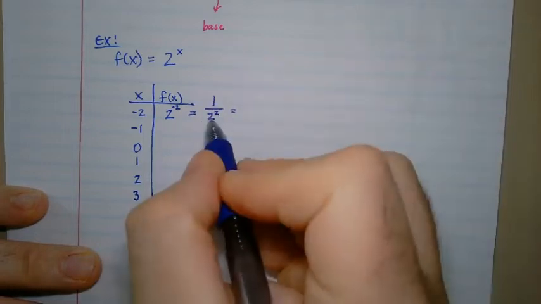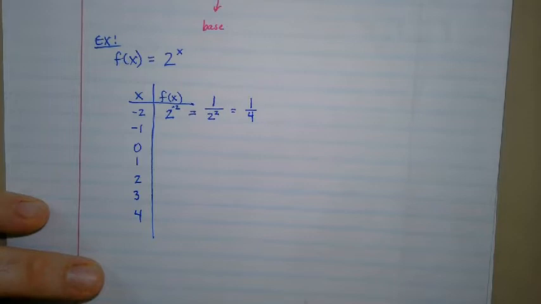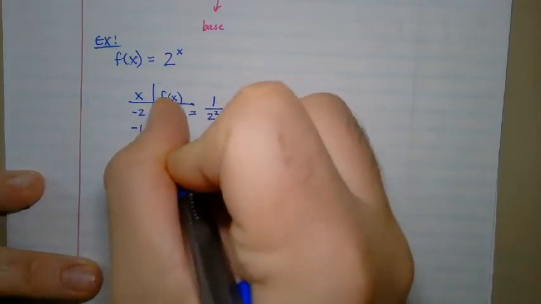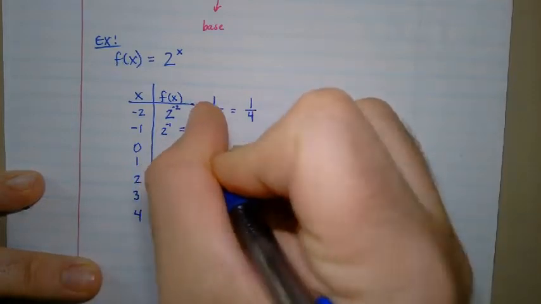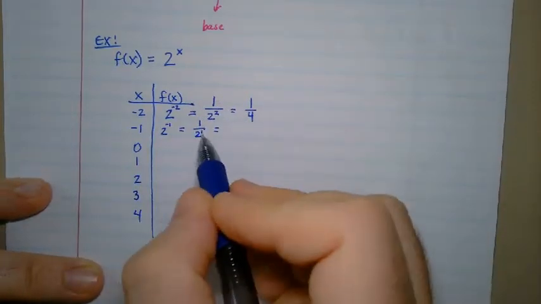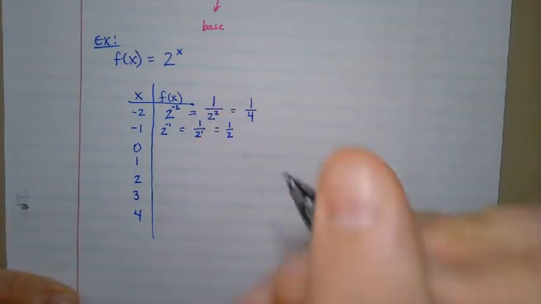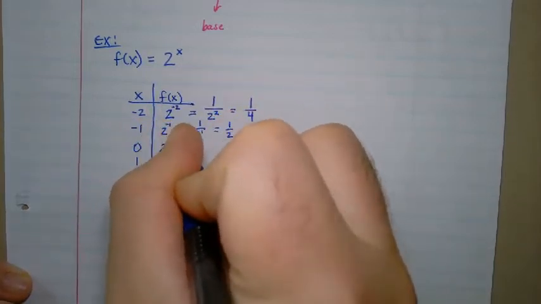And then what is 2 squared? 2 squared is 4, so this is 1 over 4. It's 1/4. Okay, so 2 to the negative 2 is 1/4. 2 to the negative 1, again, we apply the reciprocal, so 2 to the 1, but any number to the first power is itself, so this is just 1/2. Okay, and then we've got 2 to the 0.